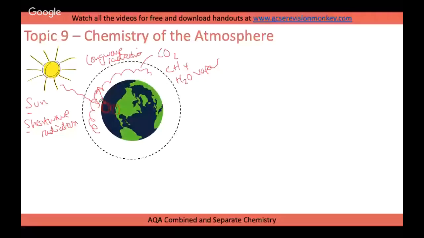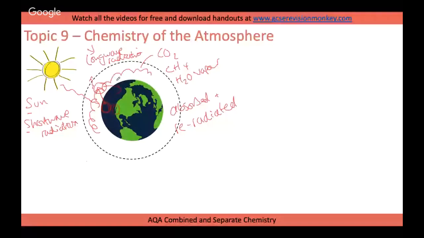Some of it does, but some of it is absorbed and re-radiated back to Earth. So that is what is causing the global warming. The shortwave radiation goes in, it's reflected off of the Earth as long wave radiation, and the greenhouse gases absorb and re-radiate that back to Earth, causing a warming effect.